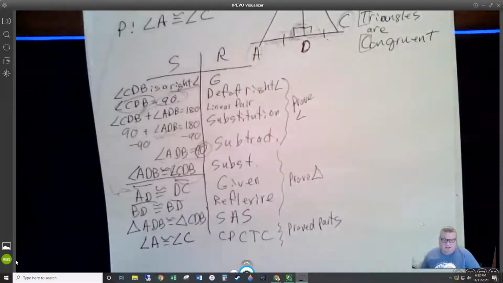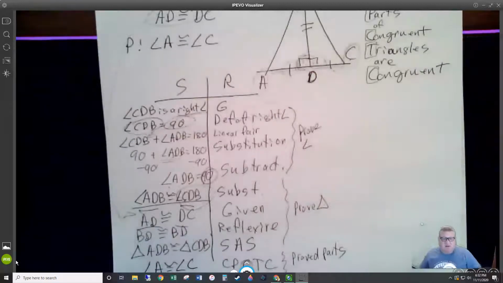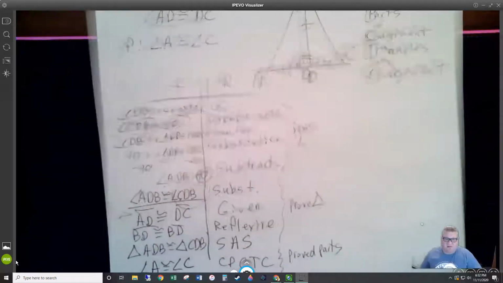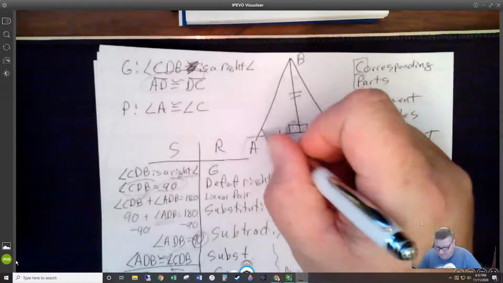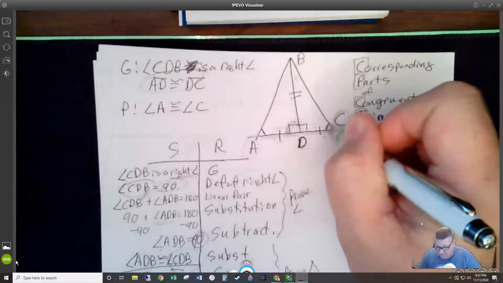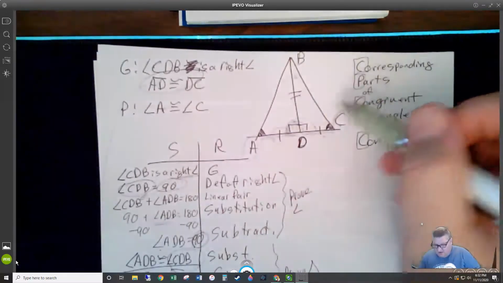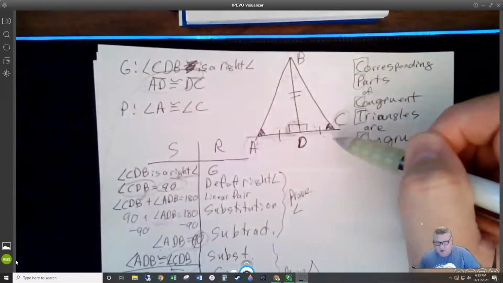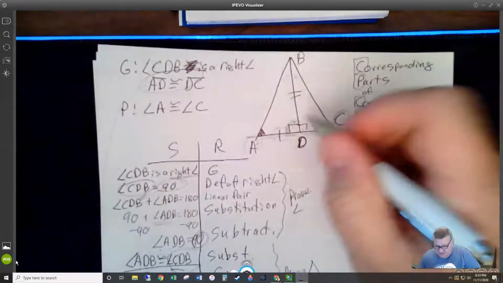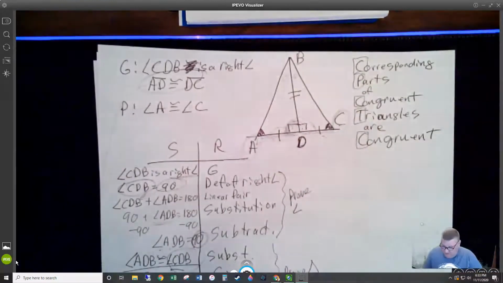Now, by the way, this is just the start, because now that I know parts are congruent, I can also say other things about this triangle. Because if I have this angle congruent to this angle, what is true about this big triangle?